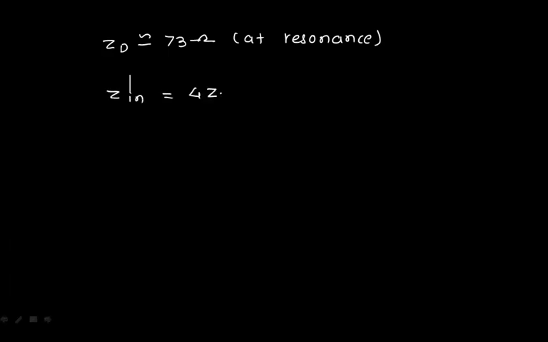If you talk about the normal dipole, your ZD is approximately 73 ohm, which is at resonance. Now, Zin is equal to 4ZD. This is the condition for folded dipole. For the folded dipole, it will be 4 into 73 ohm, which comes to 292 ohm.